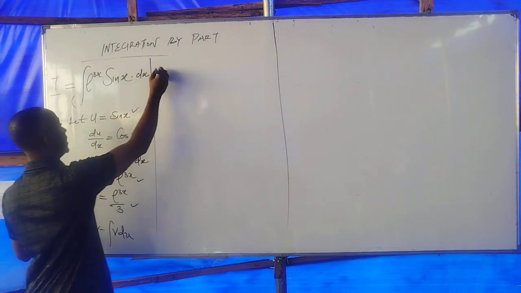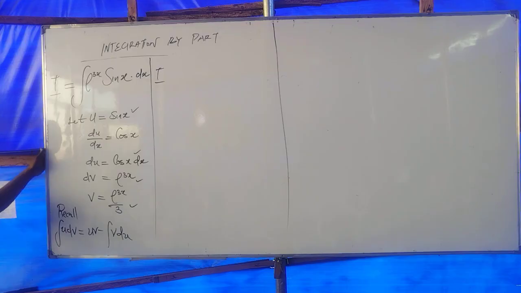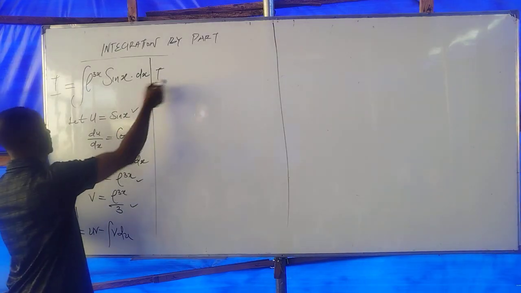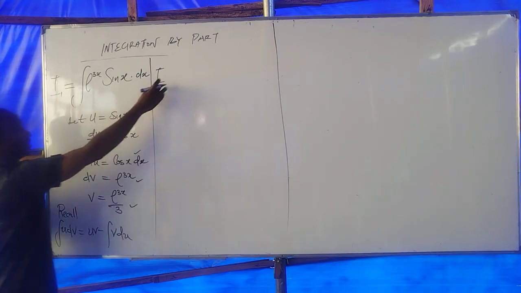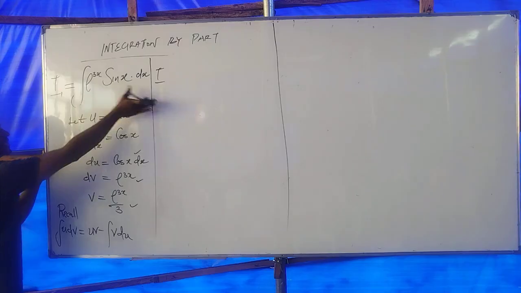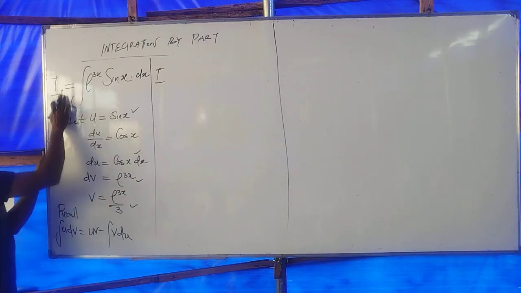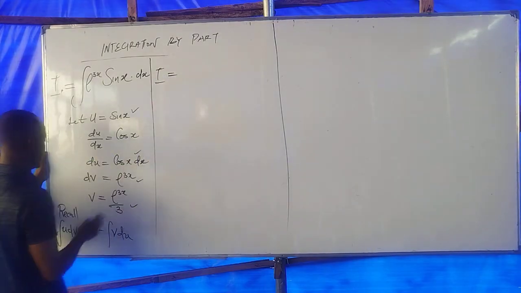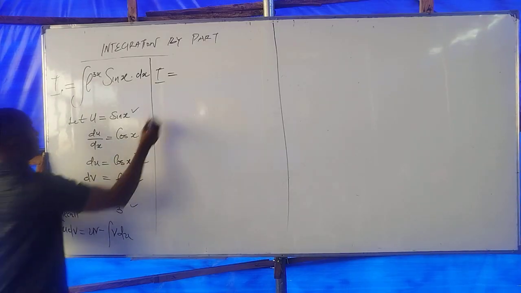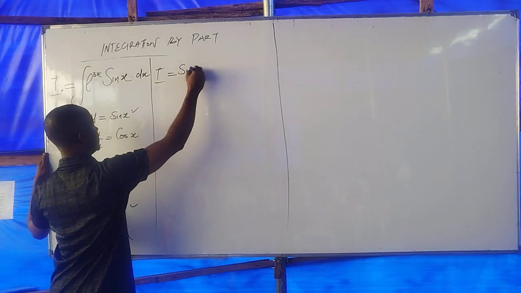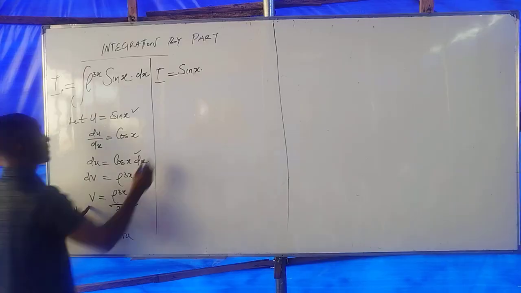Let's call this I, right? So our I, in fact, this is still our I. Hope you are aware. If I call this my I1, this is still my I1, because I'm solving this with the formula. Are you getting the gist here? So let's go. We have I equals, what's our u here? Our u is sine x, our sine x dot, what's our v?